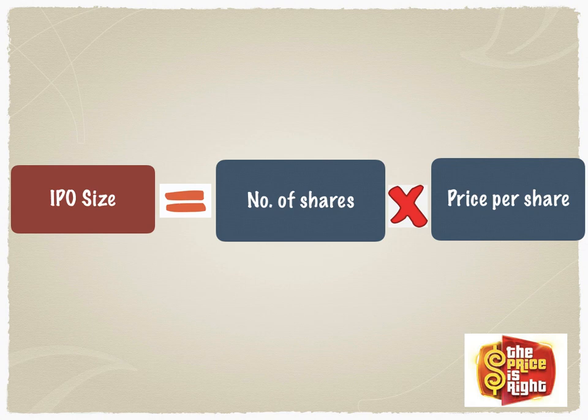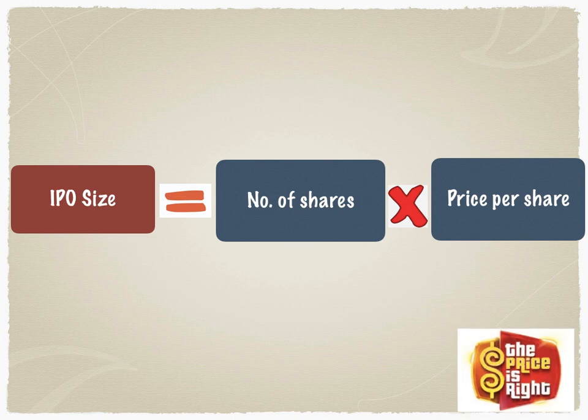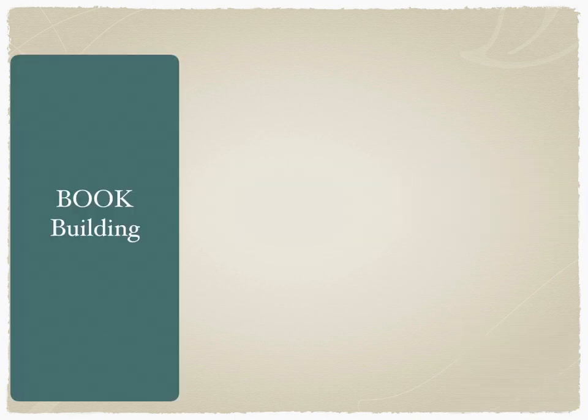Now this is a very vague zone. This vague zone of having to determine what is the right price depends on multiple internal factors of the company, but it also depends upon external market conditions. So, in an attempt to navigate what should be the right price, companies normally apply for a book building process.